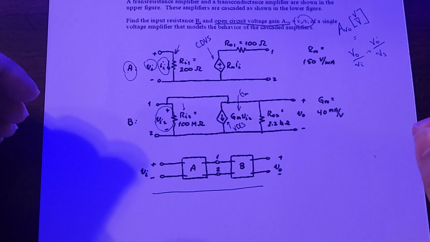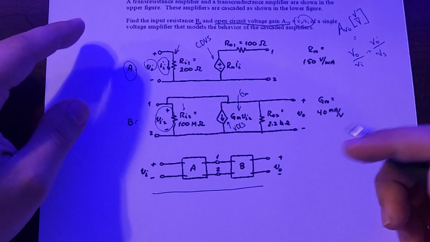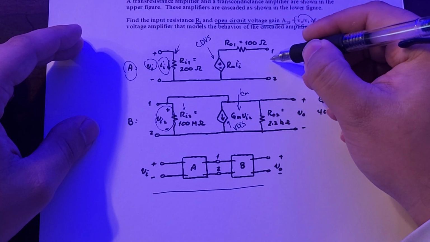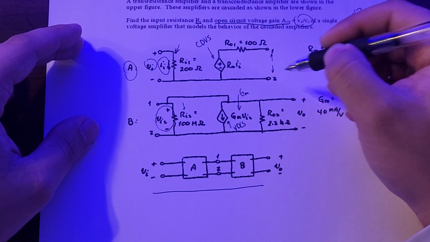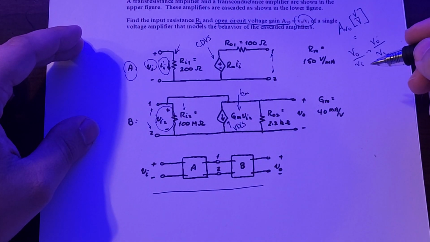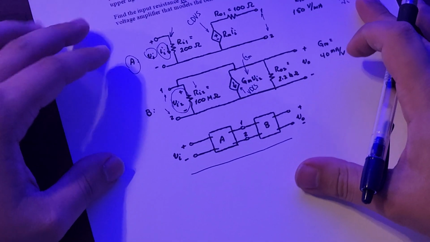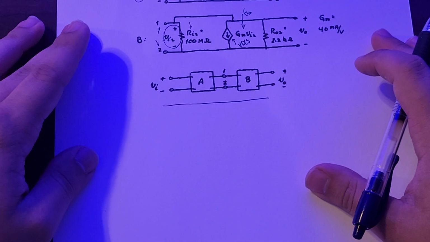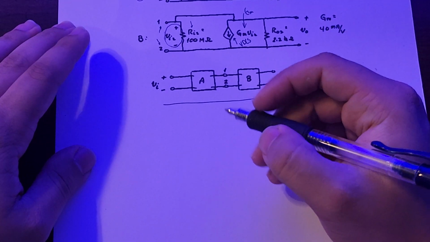Now, the first thing I would do here is put it into this cascading form. I would connect these terminals F and Z to these terminals of B, F and Z. So let's do that now. Let me try not to turn the page so much.